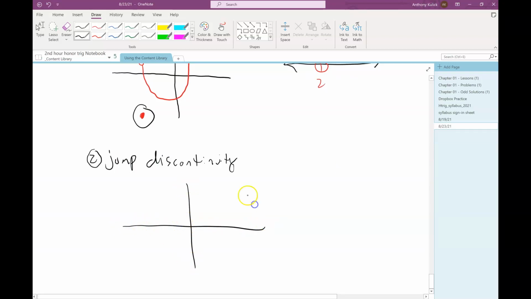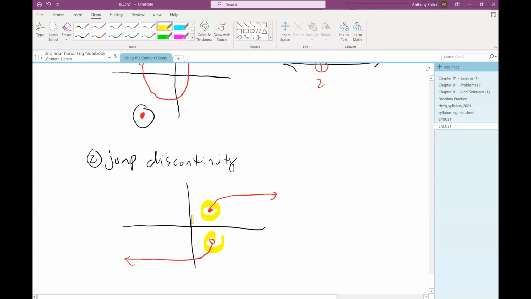So a jump discontinuity, you'd have something like this, where the graph just jumps up and it looks like there's some stuff missing in between. One thing to be careful about on jump discontinuities: well, no, let me rephrase that.